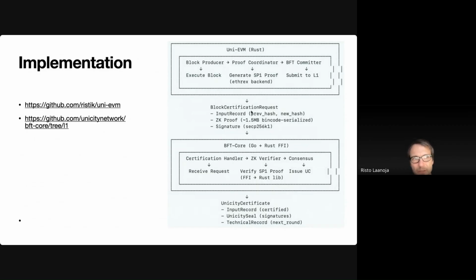And then the block certification request goes to BFT core. The input record is not modified, but the certification request has one extra field, which is a ZK proof blob. The BFT core itself is written in Go, and that's why it was necessary to extend it with a Rust library, which is called through a C language wrapper.